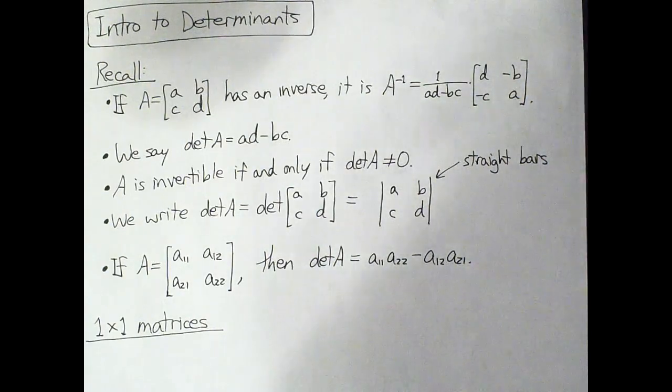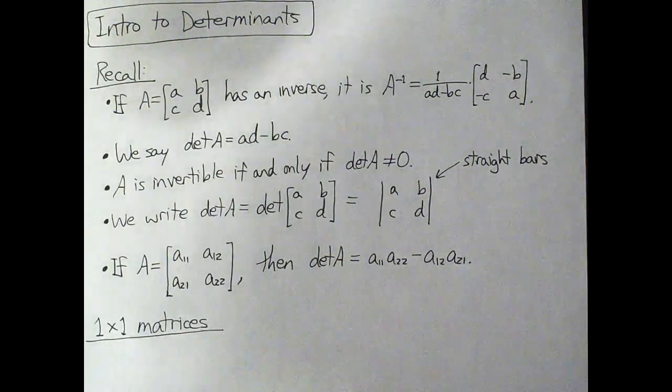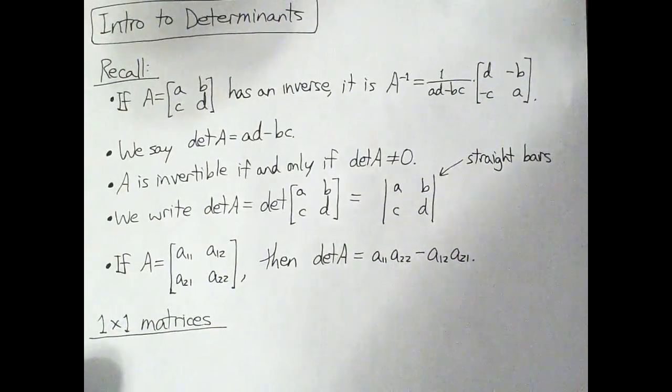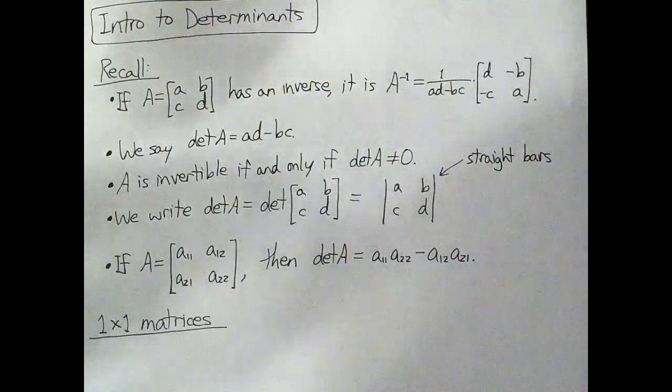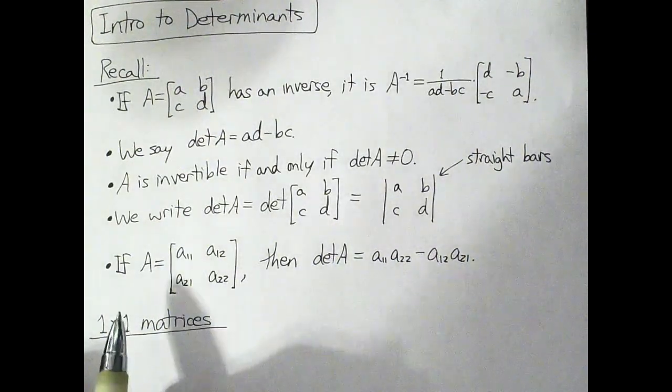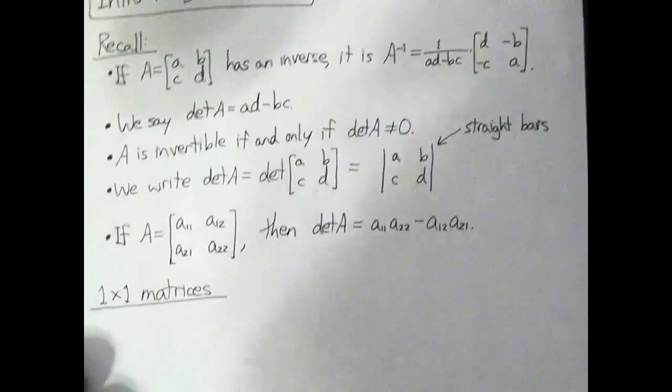So if we had two things and we thought one of them was the inverse of the other, we could verify by multiplying them, matrix multiplication, and see if they multiply out to the identity matrix. And it's only a concept that we talk about for square matrices. Now, 1 by 1 is technically a square matrix.